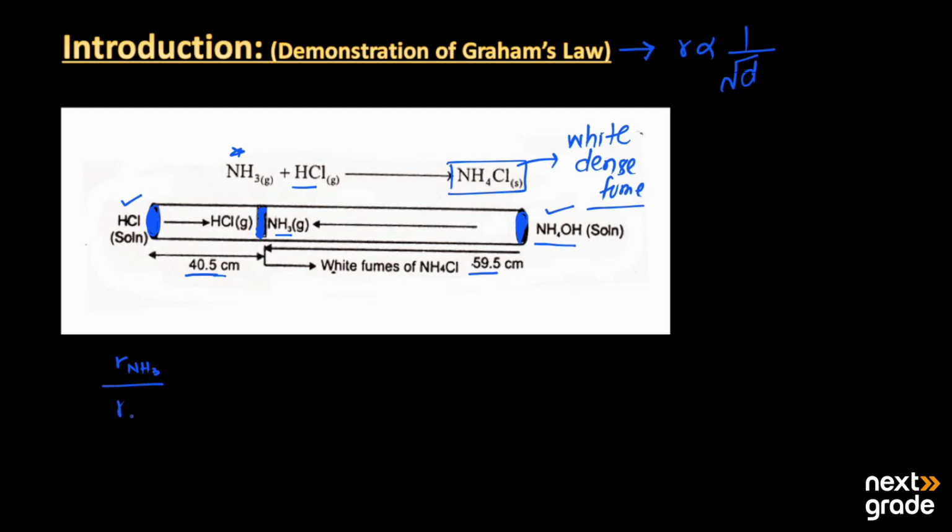The equation for this calculation is: the rate of diffusion of ammonia divided by the rate of diffusion of HCl is equal to the square root of the molar mass of HCl over the square root of the molar mass of ammonia.